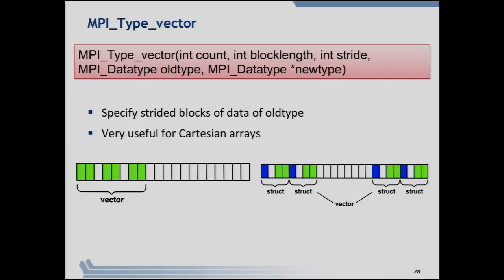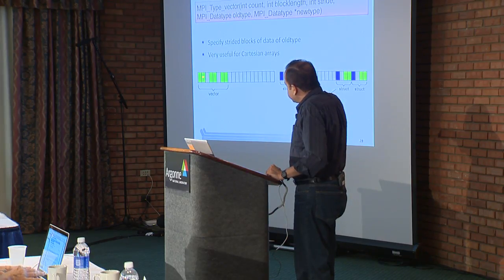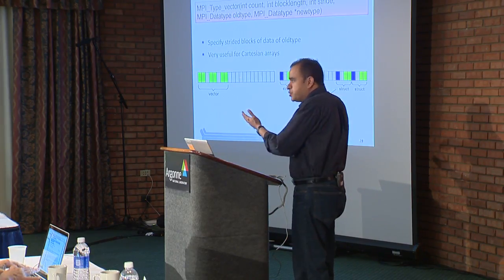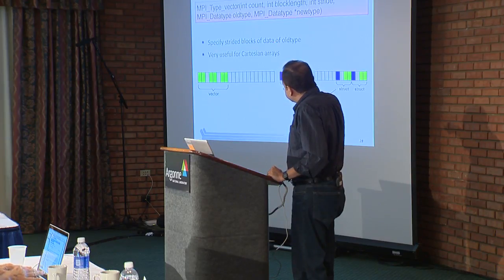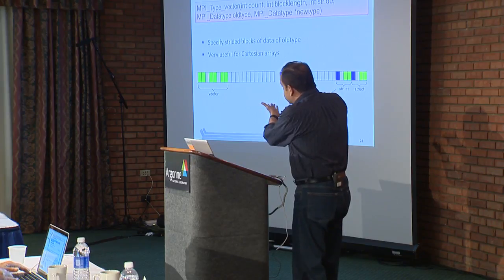Count is the number of these blocks in the vector type. The block length is the number of elements in each block, and the stride is defined as the gap between the first item in the second block and the first item in the first block. And in a vector type, that's the same one that gets replicated. And then you pass your old type, which could be MPI int, if this is an integer array. And what you get back is a new type, which is a vector data type, which just represents this kind of layout.